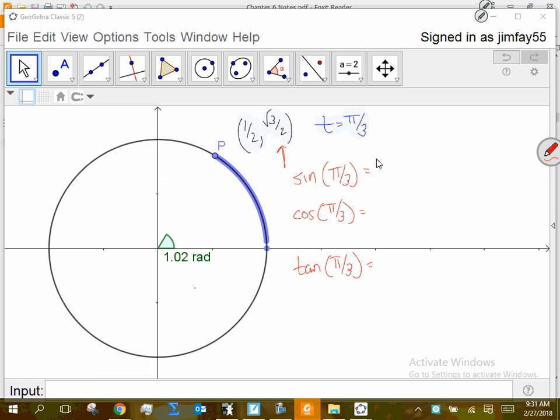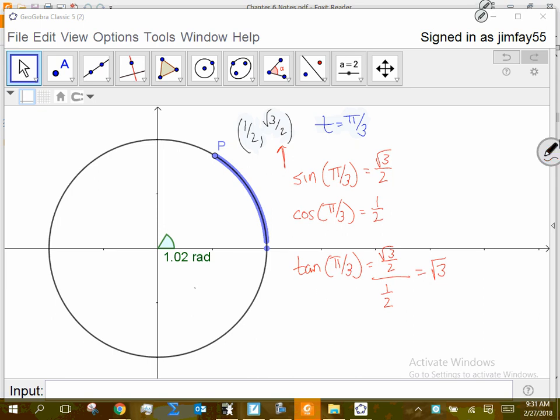Sine is the y value, so it's root 3 over 2. What's the cosine of pi over 3? 1/2. And the tangent then is sine divided by cosine, right? And that will evaluate. College algebra tells us that will go down to radical 3. Is that something we can do?